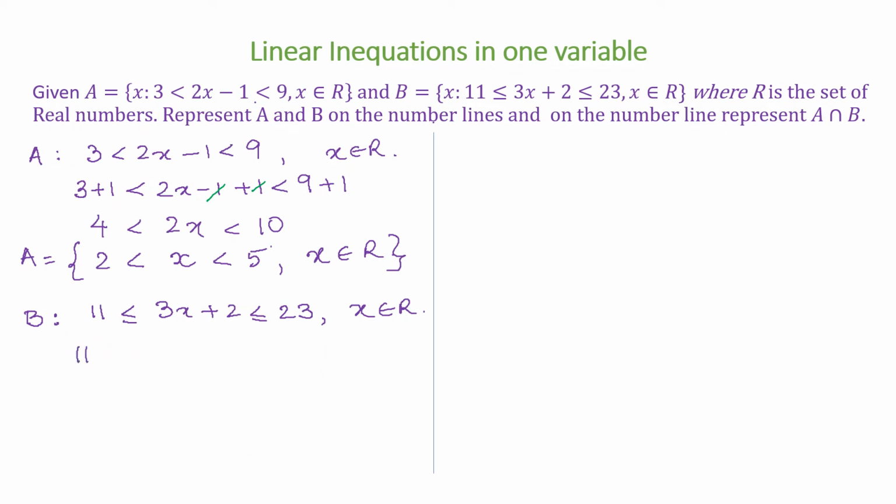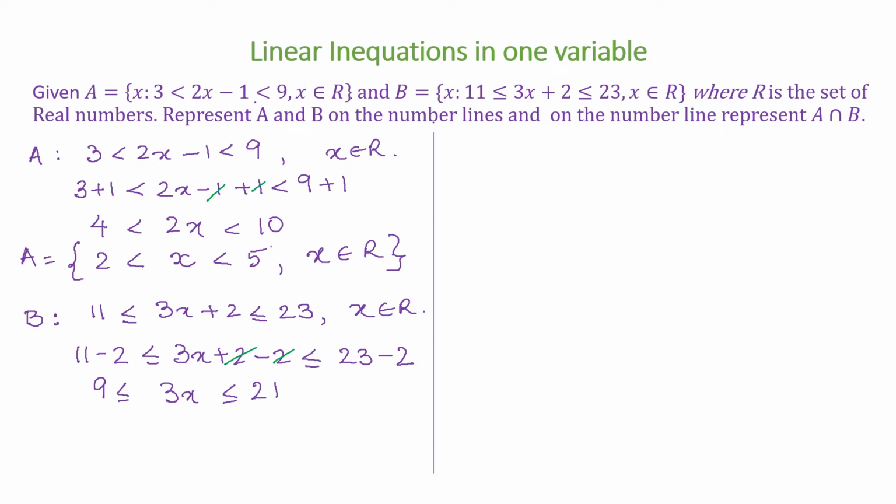Here, because I have a plus 2 over here, I am subtracting 2 from all the three parts. So I will get 11 minus 2 is less than or equal to 3x plus 2 minus 2 is less than or equal to 23 minus 2. When I further simplify, 11 minus 2 will give me 9 is less than or equal to 3x, because my plus 2 and minus 2 have cancelled, and therefore I get is less than or equal to 23 minus 2 is 21.